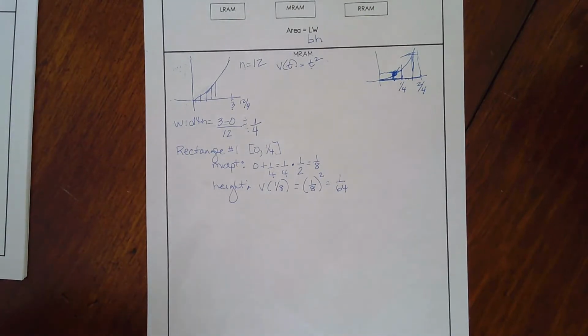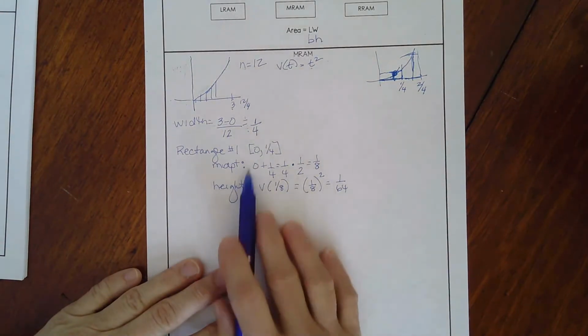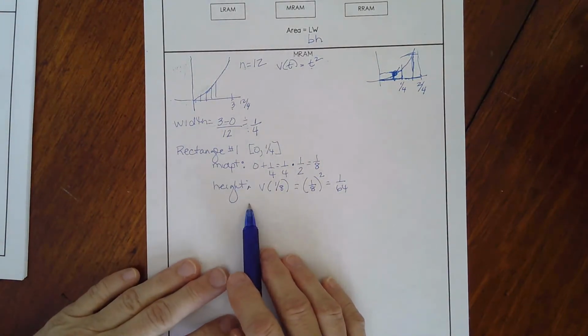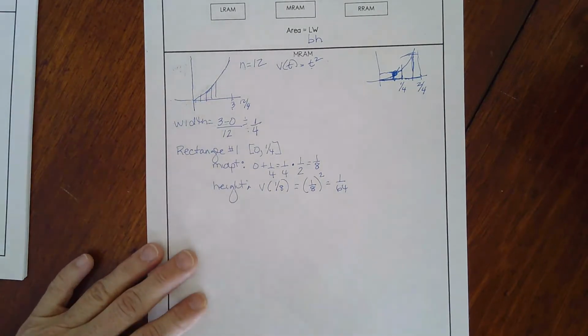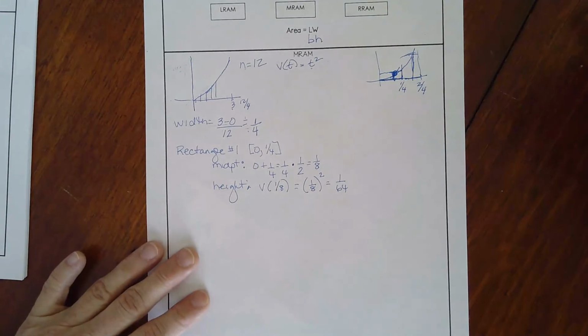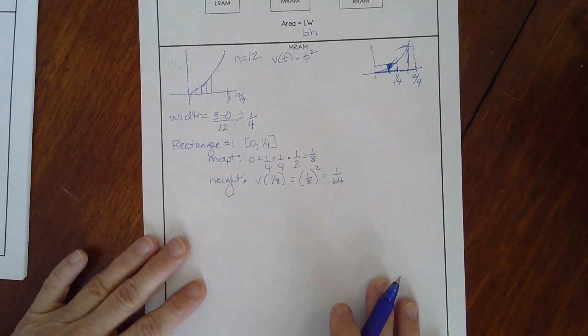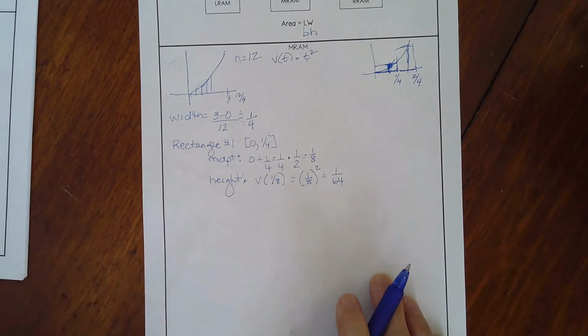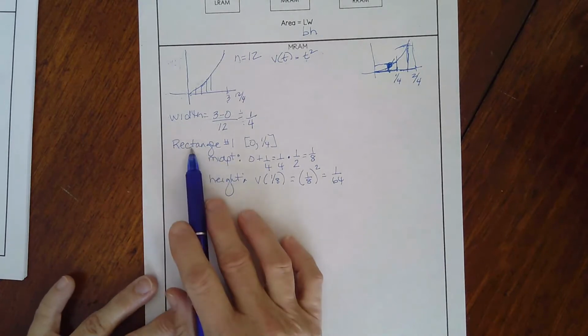We talked about how it seems like we're going to have to do this 12 times because we have 12 rectangles. But what we'll do is we'll end up seeing some sort of pattern, and we'll be able to minimize the amount of work that you think we're going to have to do. But that's the information for rectangle number 1.